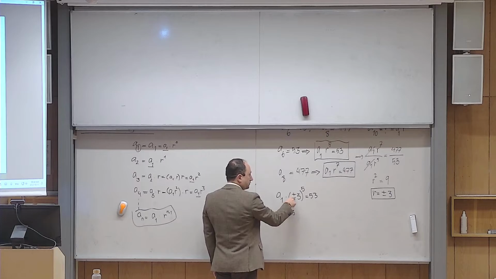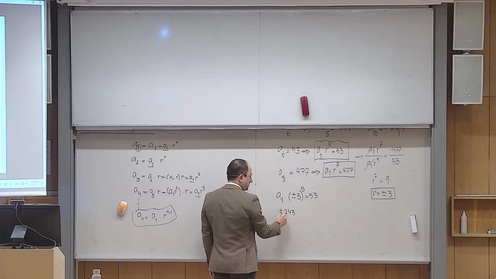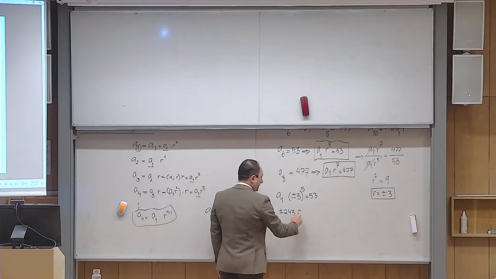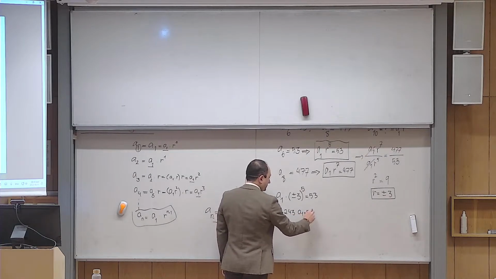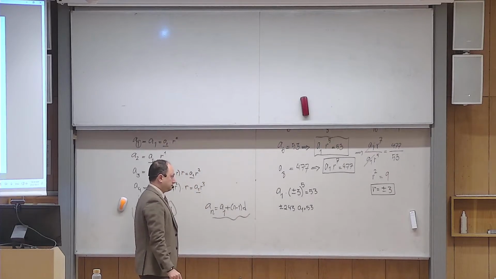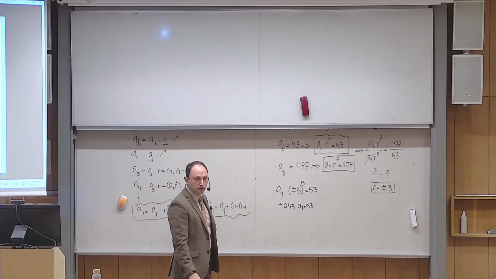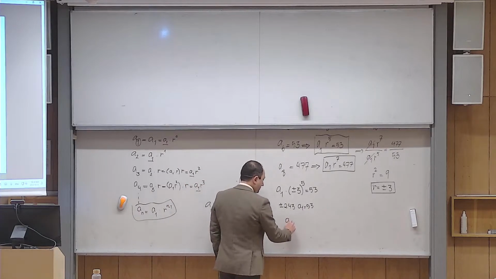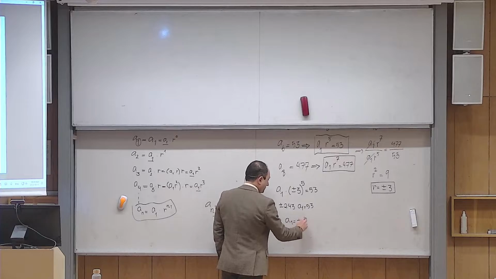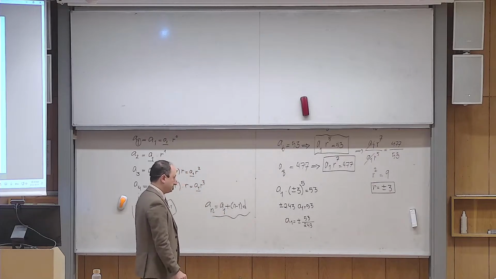When it is negative, when I raise it to an odd number 5, it becomes negative. So it becomes plus or minus. And then A1 is equal to 53 divided by that. Yes? And then I also get two answers for A1. So A1 becomes plus or minus 53 divided by 243. So that is my A1.